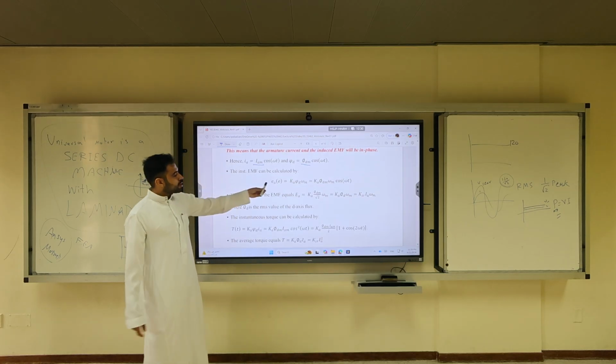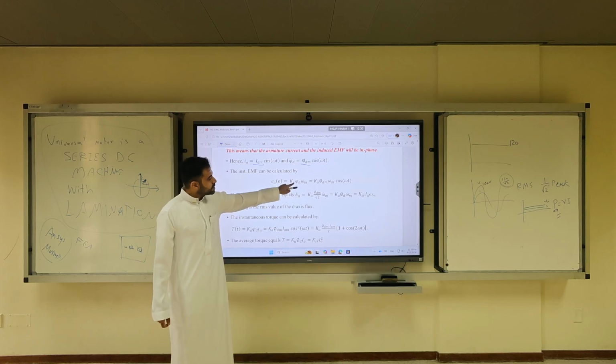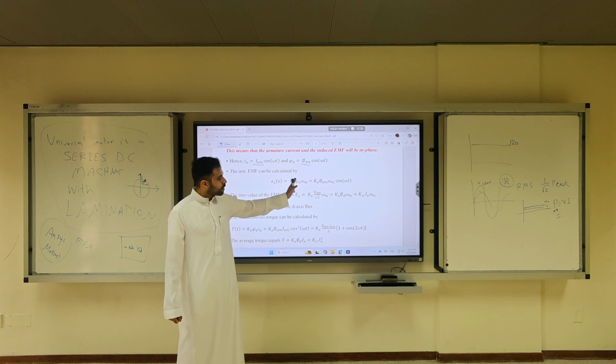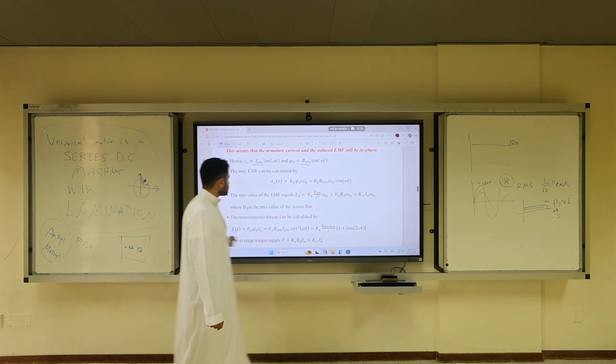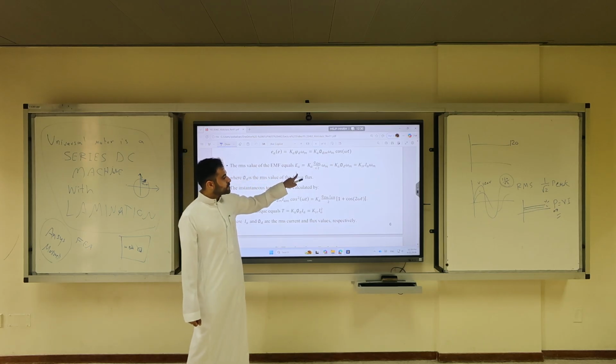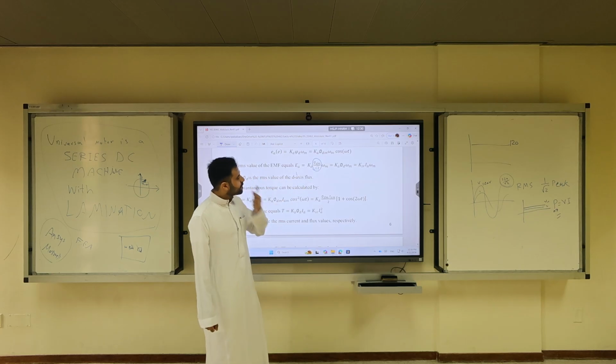So do you remember this equation for DC machine? In DC machine we had constant times flux times omega. In DC machine this was a number without cosine. But now this number would change over time. The RMS value of this, take the RMS. If you take the RMS, you divide the peak by square root of 2.